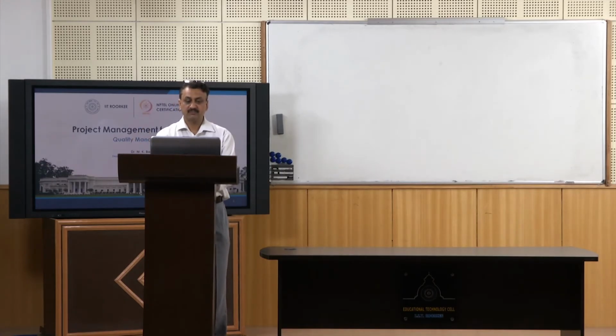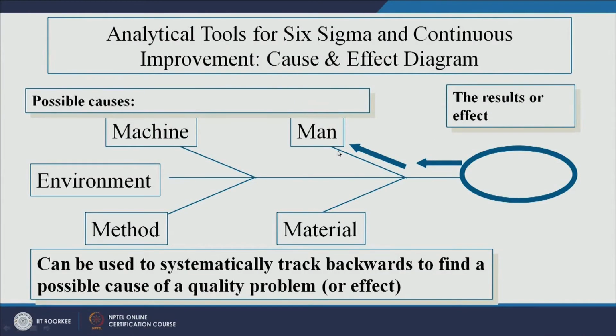Now this problem could be due to improper training given to the worker. Let's say he has been overworked, and because of being overworked, he is making mistakes. So there could be again several reasons for this particular problem. Material, you may have faulty material, right?